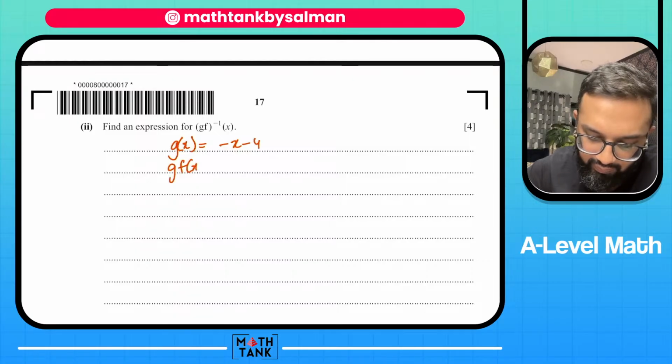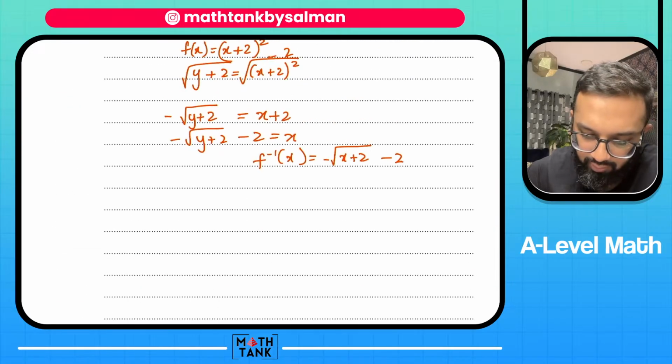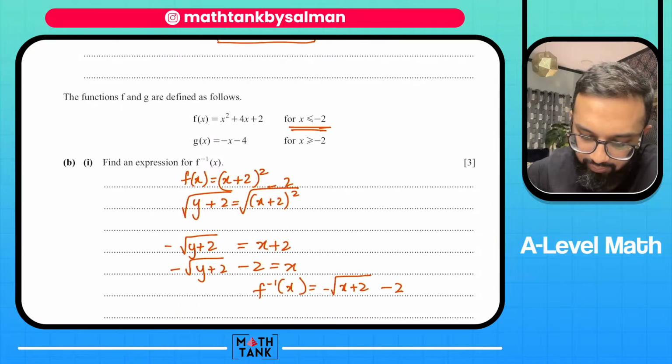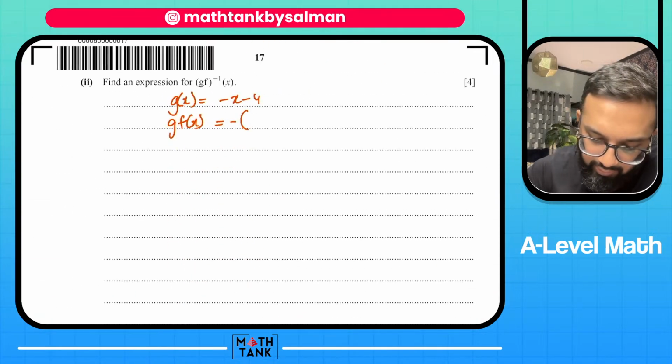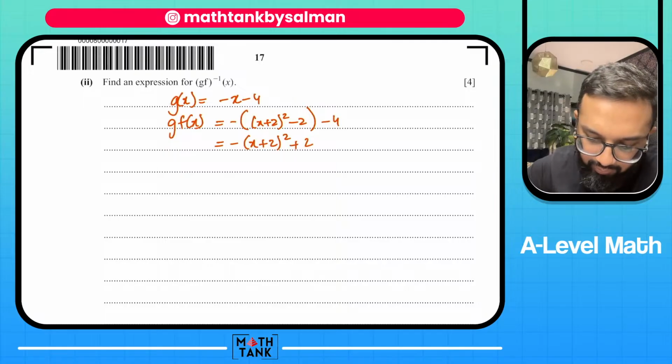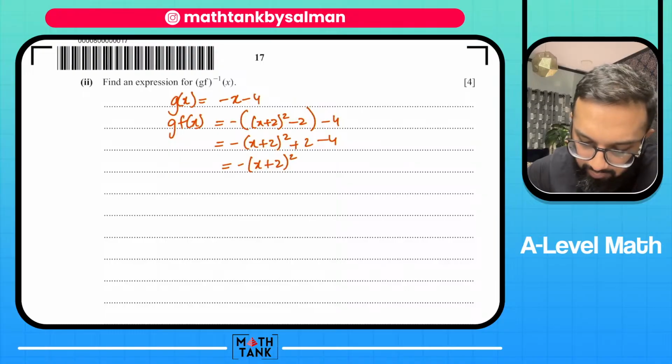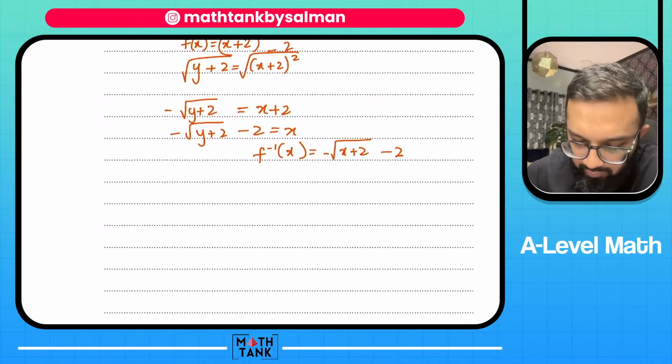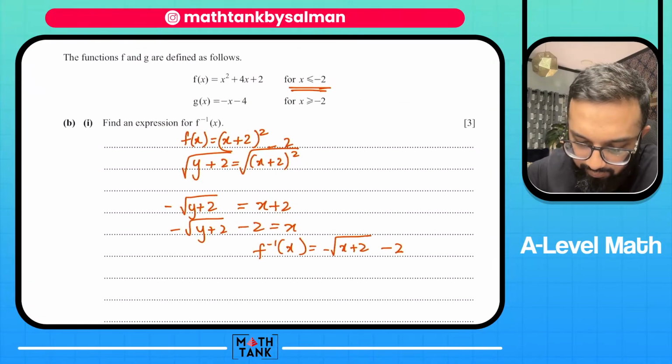Gf of x is going to be minus x plus 2 whole square minus 2, plus 2. So minus x plus 2 whole square plus 2. Okay, so this is a very small difference between the two functions.